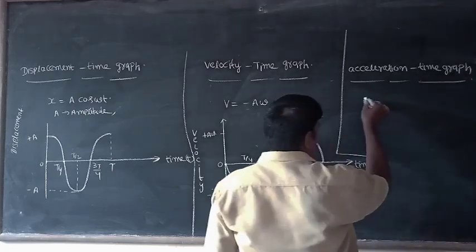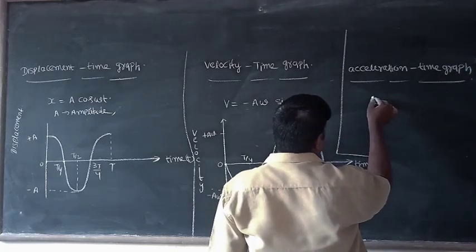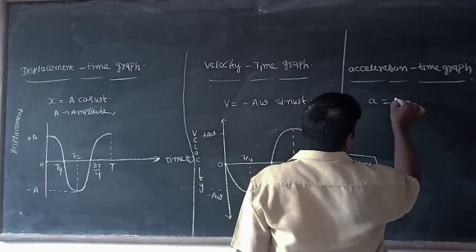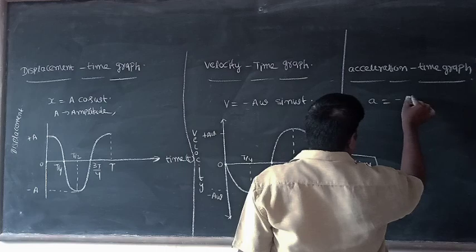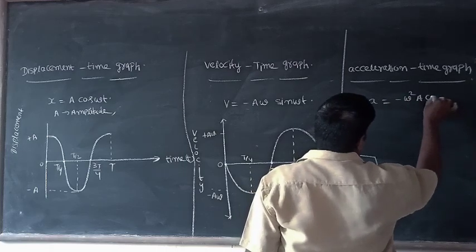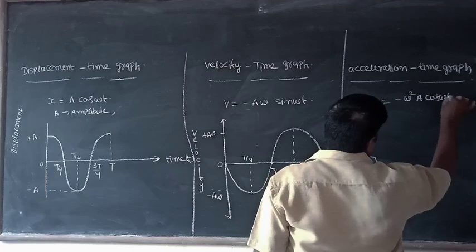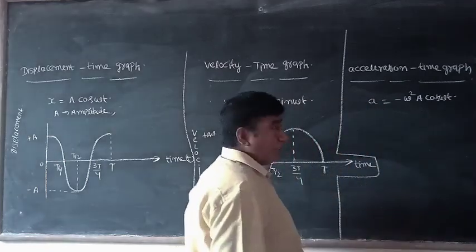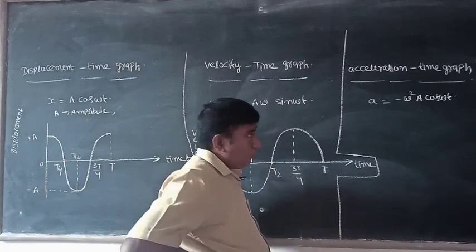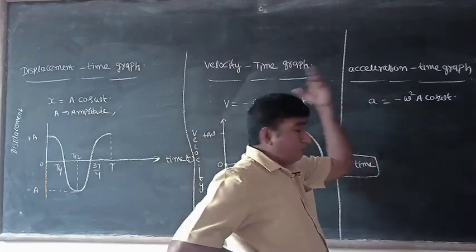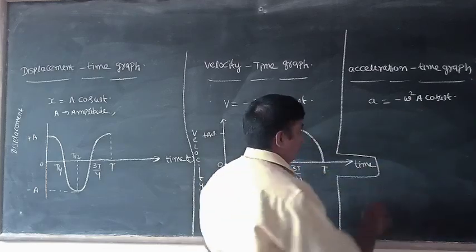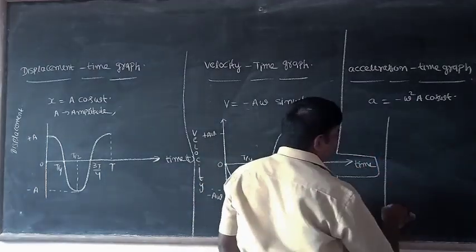For this, we have proved that a is equal to minus omega square a cos omega t. A cos omega t is nothing but x, so a is equal to minus omega square x, which we have proved. For this, we plot the graph.